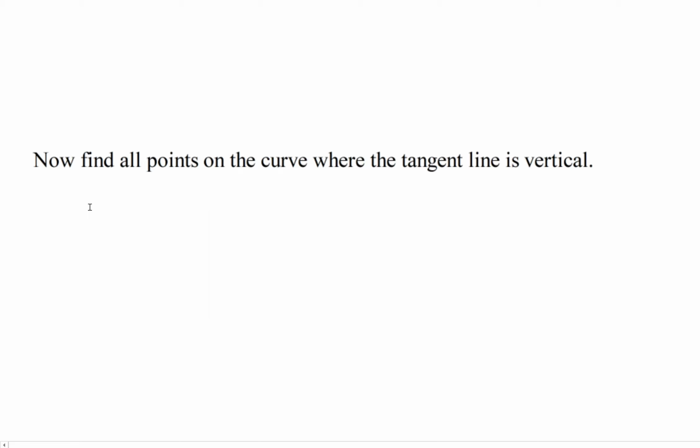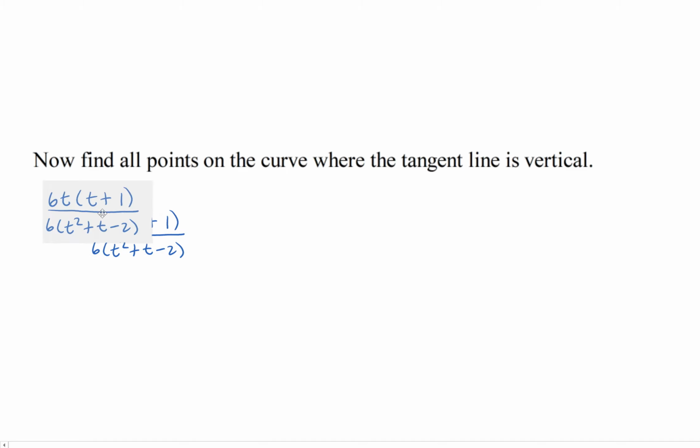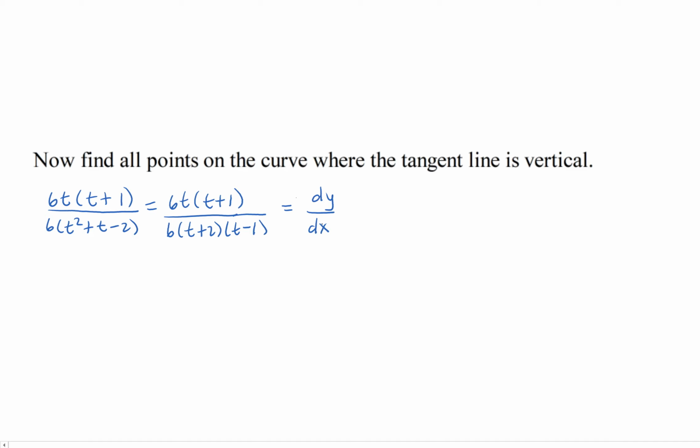There it is: 6t times (t plus 1) over 6 times (t squared plus t minus 2). Of course, that's 6t times (t plus 1), all divided by 6 times (t plus 2) times (t minus 1). And that, remember, was our derivative of y with respect to x for this parametrically defined curve.